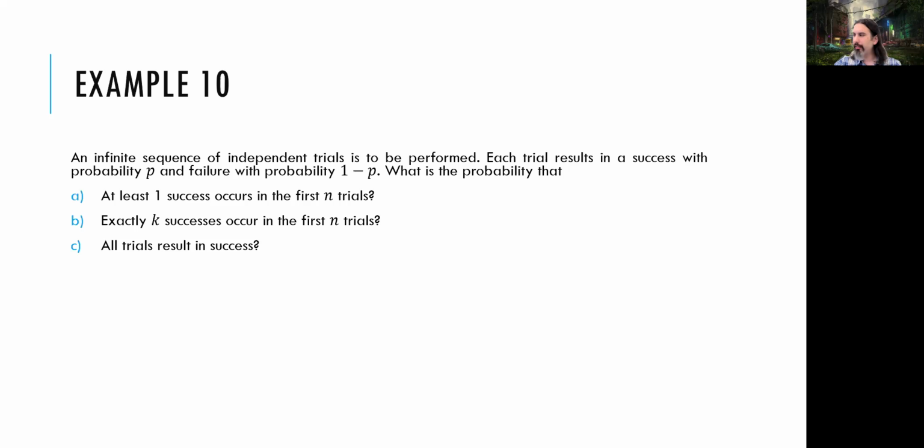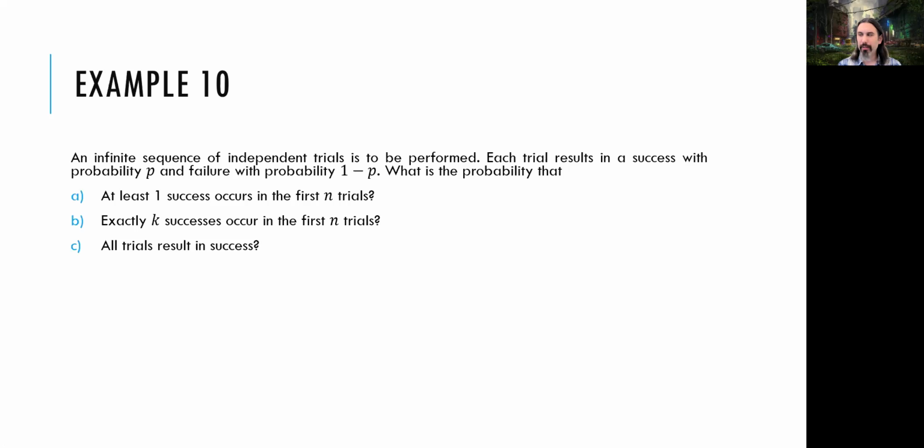We will remember it here, but still, what's the probability that at least 1 success occurs in the first n trials? So we're talking about n trials, not the infinite sequence, but just the first n trials. We'll need at least 1 success. Now, at least 1 success means that we can just look for the instance where there are no successes and find the probability for that no success situation and then subtract it from 1, okay?